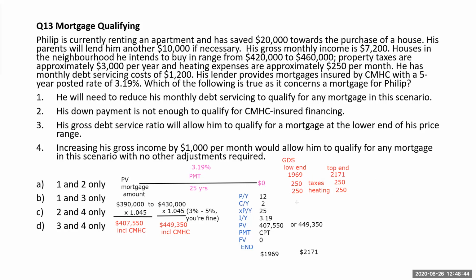Okay, so now, when we're doing our GDS input, we get to $2,469. And when we get to our TDS input, we're $2,671.